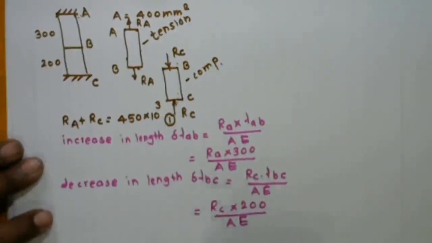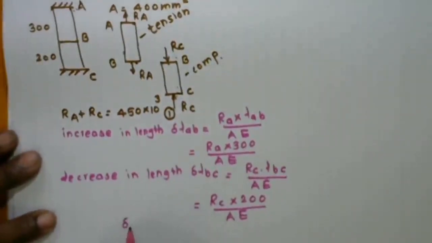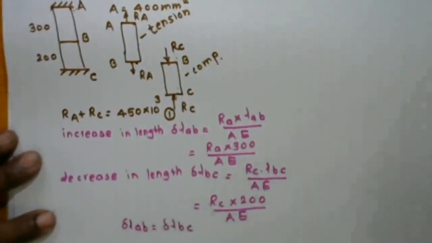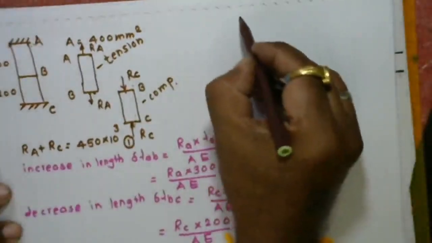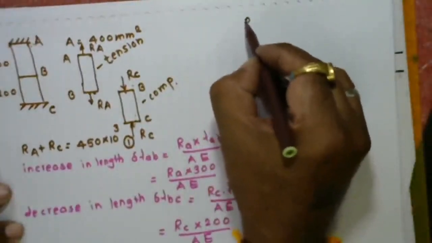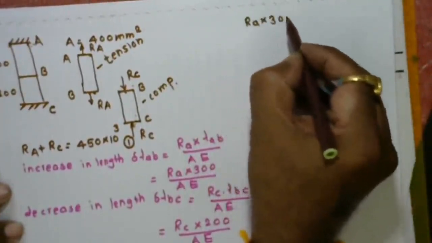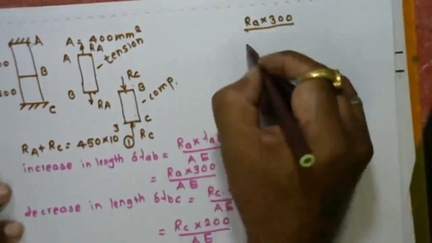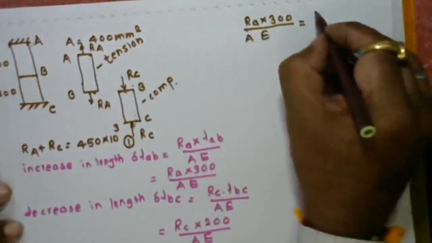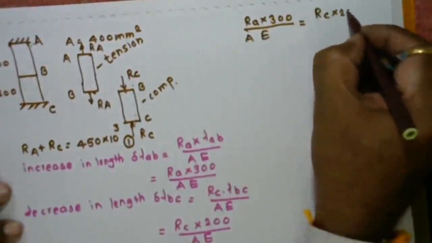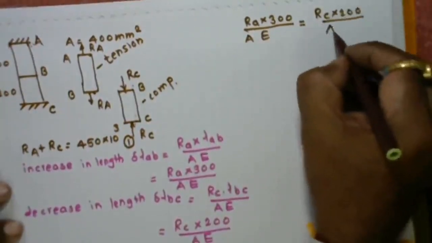So in that case we may put these equations. Delta LAB is equal to delta LBC. So delta LAB means RA into 300 divided by AE is equal to RC into 200 divided by AE.